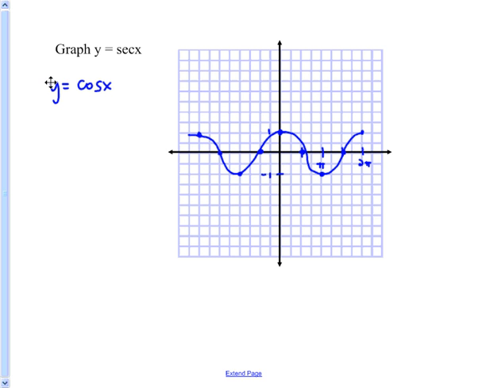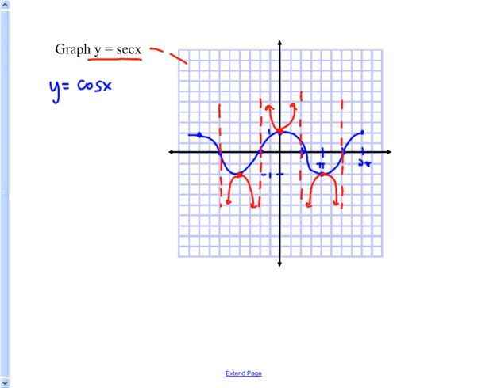Now secant, for the same reason as cosecant, wherever cosine is 0, will have vertical asymptotes because it will be undefined at that point. Okay, these values will remain the same, but the other ones will be the reciprocal, so they will flip in this fashion.